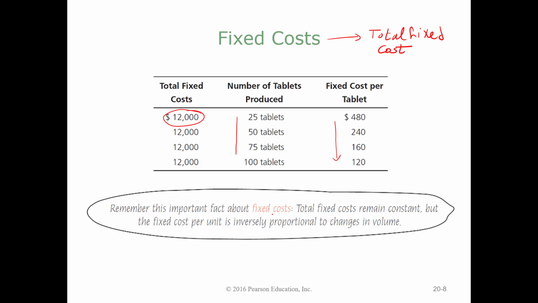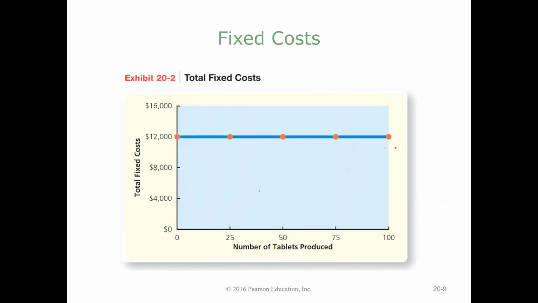So remember, for fixed cost the total will remain constant, but the fixed cost per unit is inversely proportional to change in volume, which means whenever the number of units increases, the cost per unit will decrease. And this is the depiction of the fixed cost. It will be a horizontal line parallel to the x-axis, which is the number of tablets produced, because as long as we are within the relevant range, whatever the number of units, the fixed cost will remain as it is.